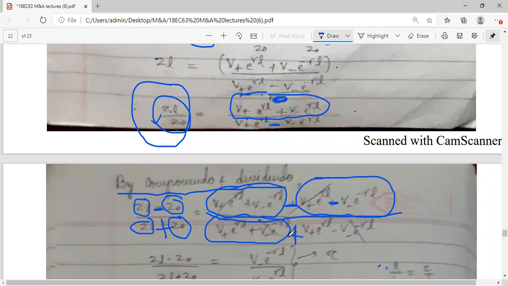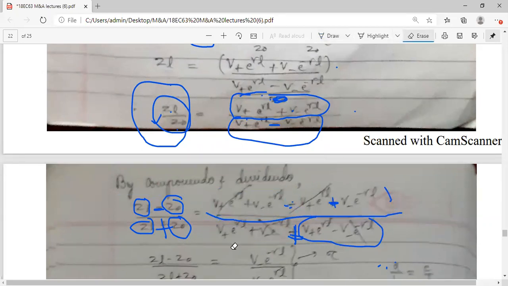Here minus, here plus, componendo and dividendo rule, and whatever denominator you have, that denominator adds. So only in the numerator this sign change will come, because of the minus of the bracket, so this term will become plus. In the next step please solve it, you will get this.